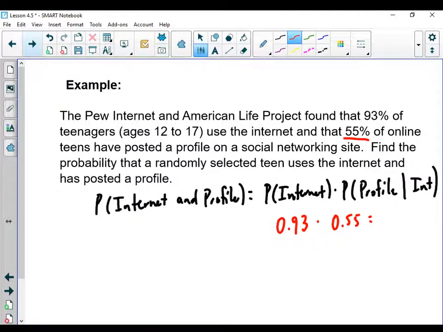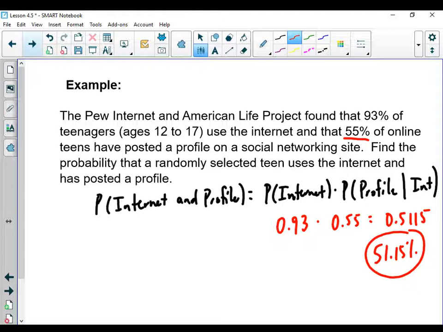And when I multiply those two together, I get 0.5115, or roughly 51.15%. So the general multiplication rule looks fancy, but really we're just going to take those two values and multiply them together.